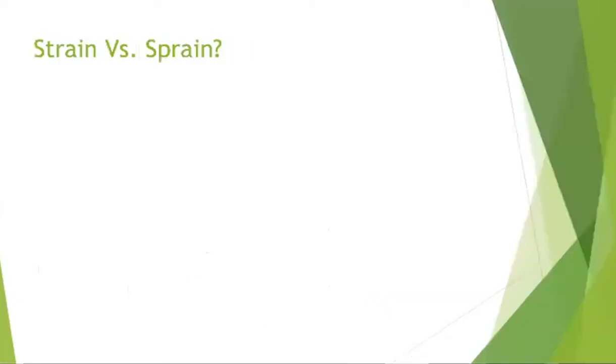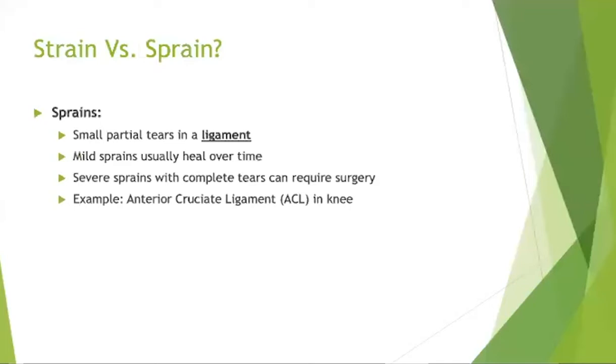So you may be wondering, what's the difference between a strain and a sprain? I'm glad you asked. Sprains are partial tears in a ligament, and mild sprains usually heal over time. Severe sprains with complete tears can require surgery. The example here, once again, is the ACL of the knee.